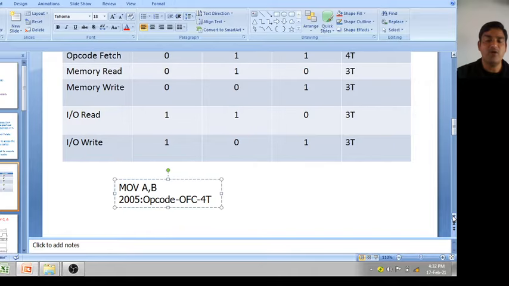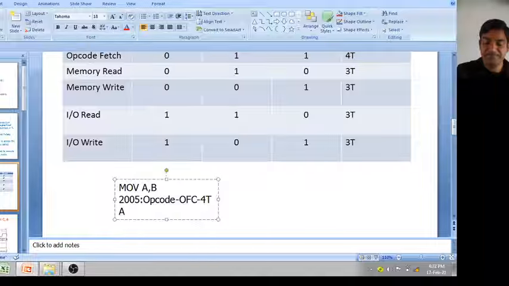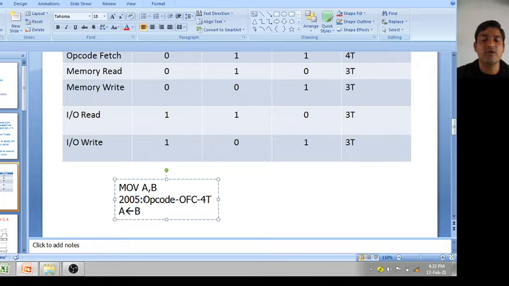Now you have already filled this byte, because this is a 1 byte instruction. Now what is the function of this? The contents of B are coming into A, which means data is going from one register to another register, and these registers are already part of the microprocessor.